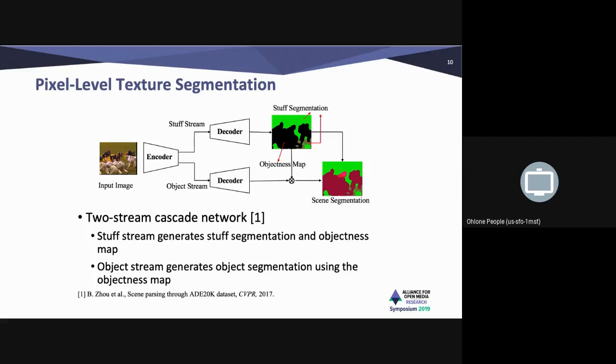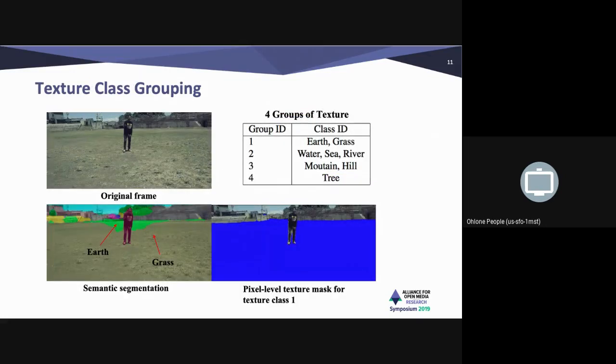Now, with the ADE20K dataset, there are a lot of different classes that are much more fine-grained than we may consider, so we add a step to group some of these classes. For example, we have the earth and grass. This is another frame from the UGC dataset where, straight from the scene segmentation, some pixels belong to the earth class and some belong to the grass.